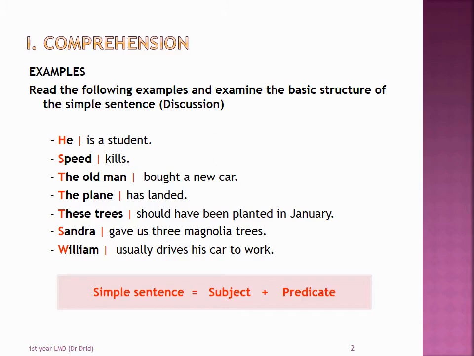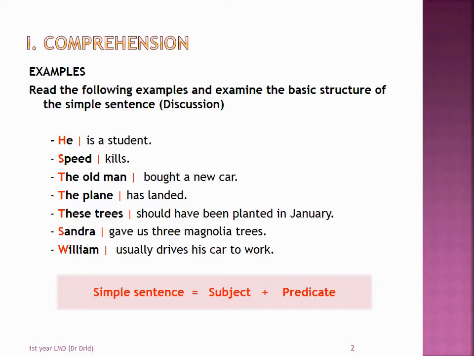Then, in the rest of the sentence, we say something about this topic or this theme. This part of the sentence, which says something about the subject, is called the predicate. So, a simple sentence consists of a subject and a predicate. In other words, a topic or a theme and something that is said about it.